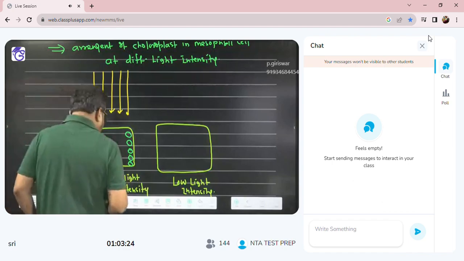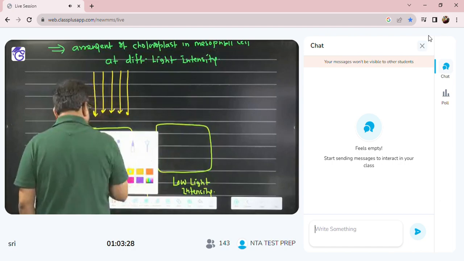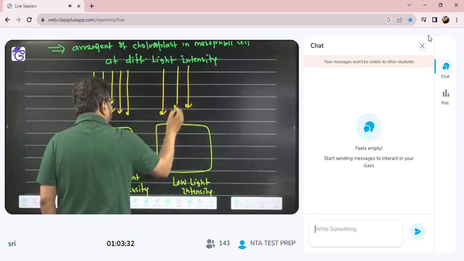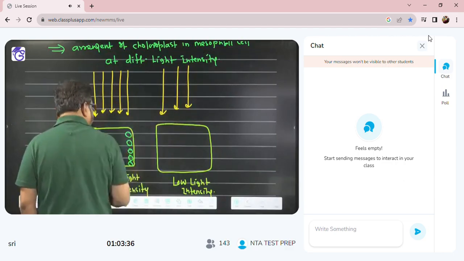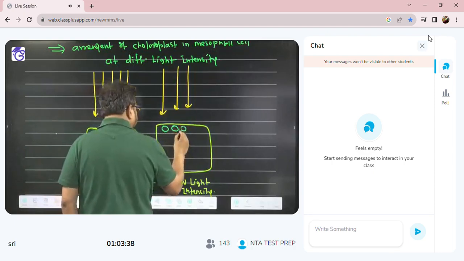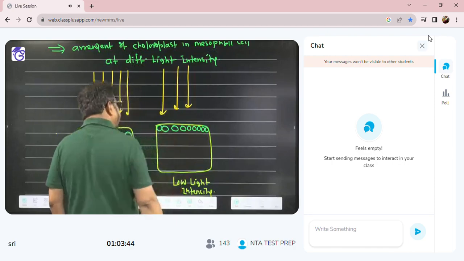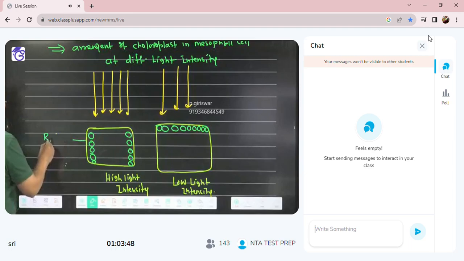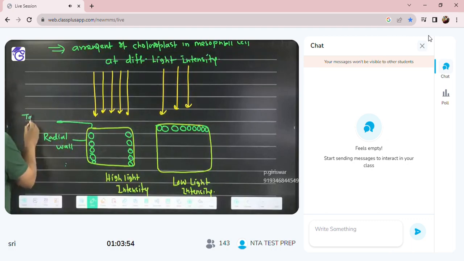And when the intensity of light is low, the arrangement of chloroplast in the mesophyll cell is like this. So this is called the radial wall, and this is called the tangential wall.